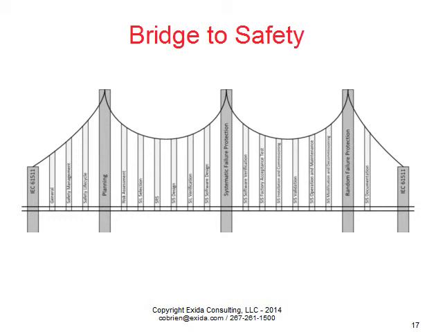We can look at it a different way and think about it as kind of a bridge to safety. There are some major pillars like planning, protection against systematic failures, protection against random failures, and there's a whole bunch of supporting cables talking about safety management or risk assessments or SIL verification or SIS validation.